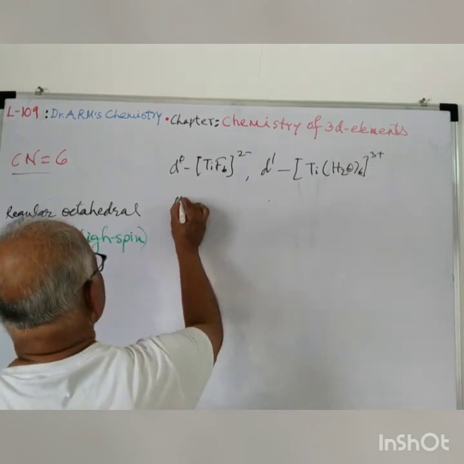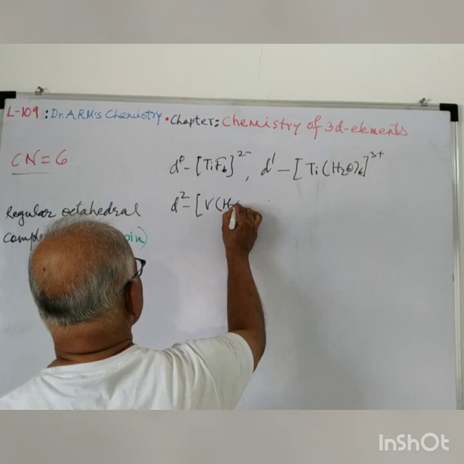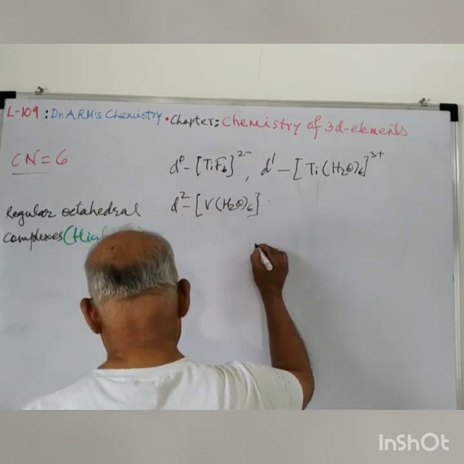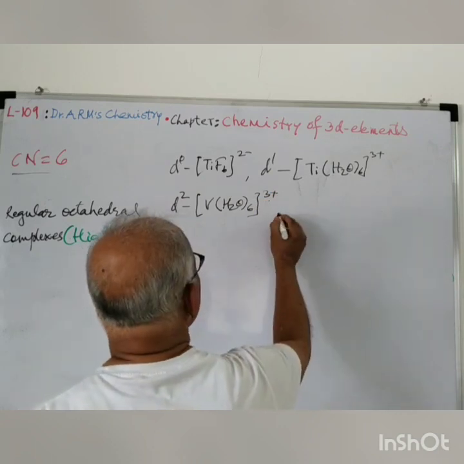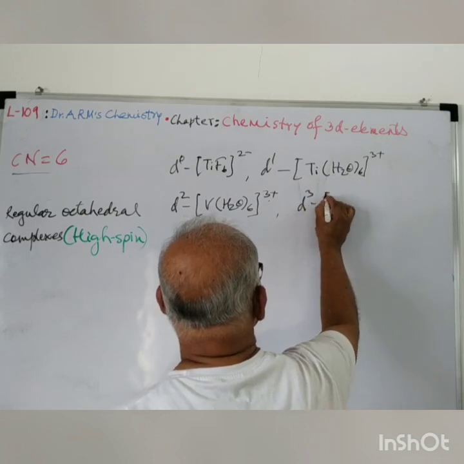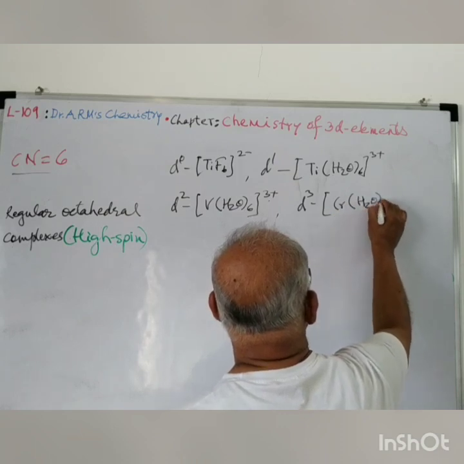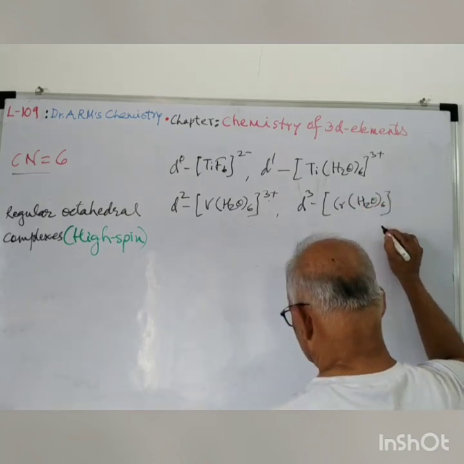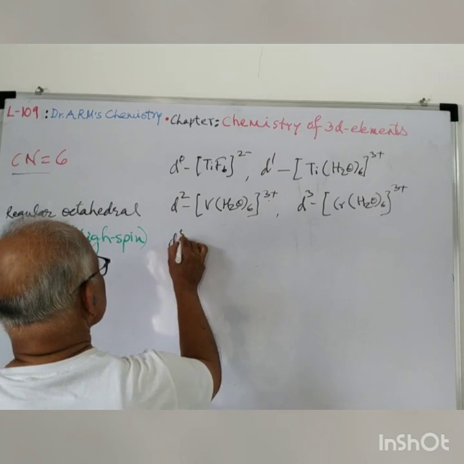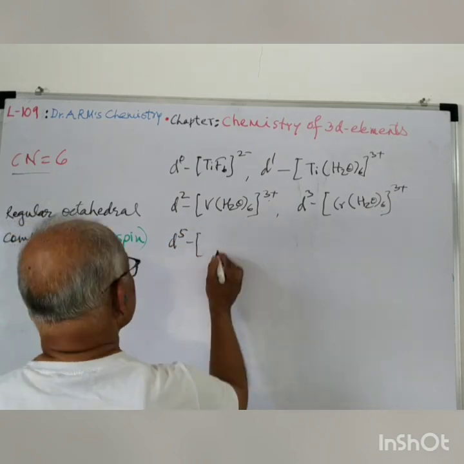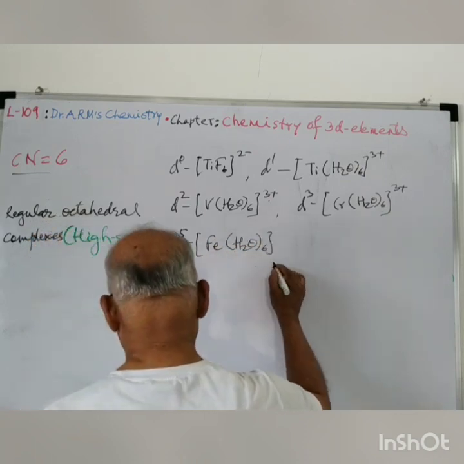Then with d2 configuration, the example is V(H2O)6 3+. Then d3 configuration, Cr(H2O)6 3+. Then with d5 configuration, the example is Fe(H2O)6 3+.